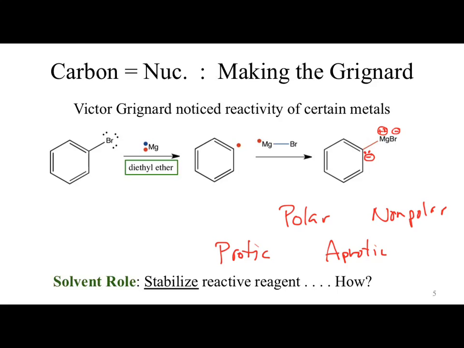Okay. Aprotic meant what? No hydrogens, no hydrogen bonding. So no hydrogens bound to oxygen or nitrogen. A protic solvent would have hydrogen bound to oxygen or nitrogen. Okay. Which one of those should we use?